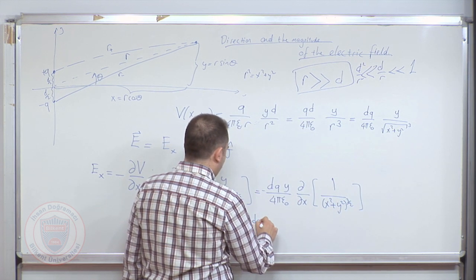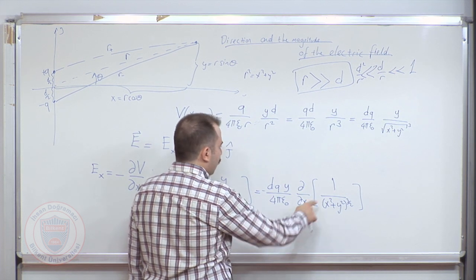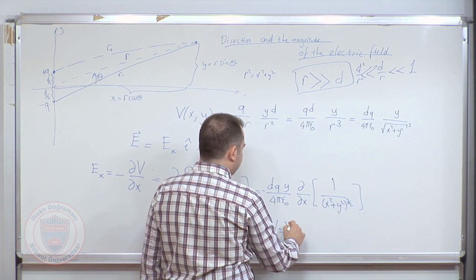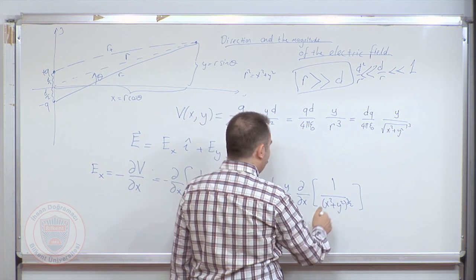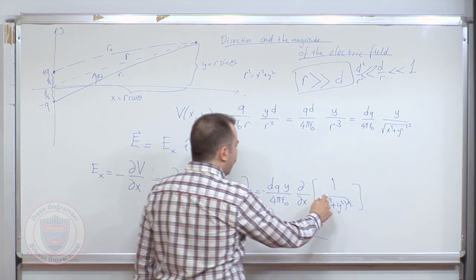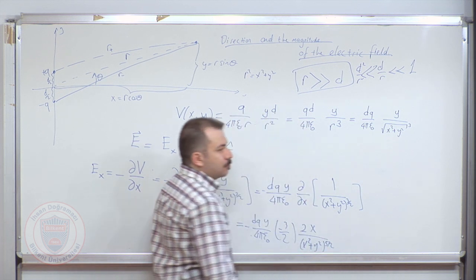Minus dq y over 4 pi epsilon 0. This is to the minus 3/2 power. On the inside I have x squared, which gives me 2x, divided by the whole thing to the 5/2 power.